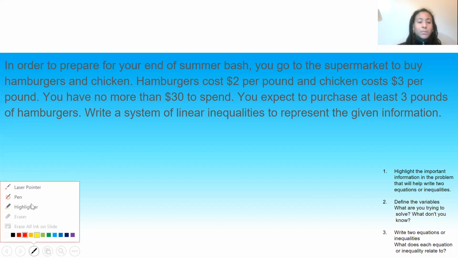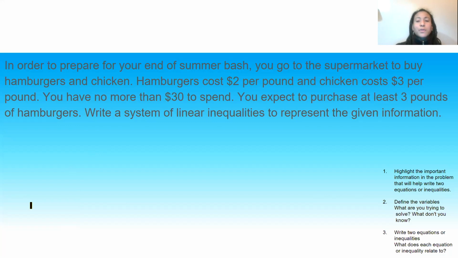So, like we did before, we need to highlight, all right? So, the first thing is, we know that we have hamburgers that cost $2, and we have chicken that costs $3. And if you notice, the units are the same, so we don't really need to write that or highlight that, okay?